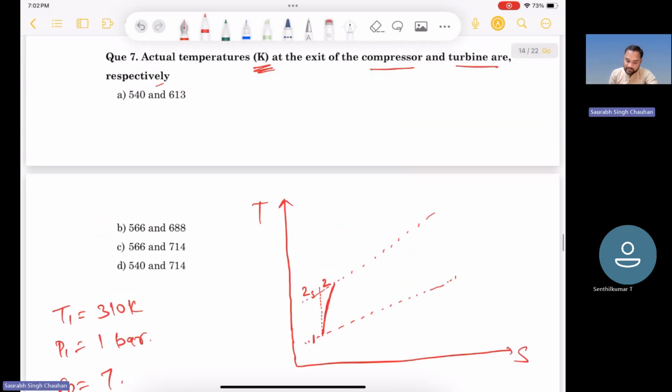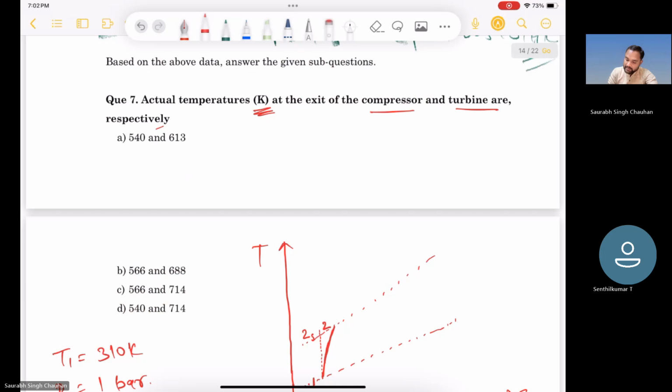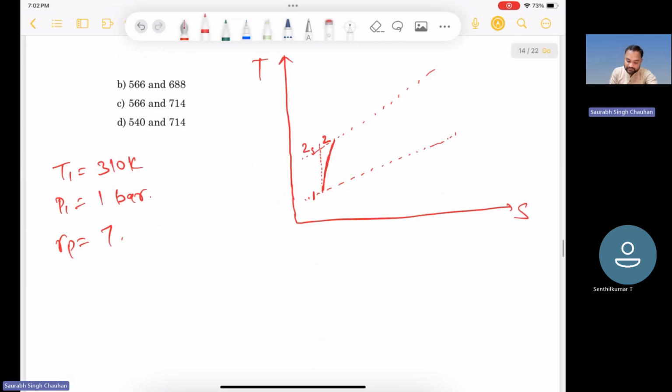And we have to tell what? At the exit of compressor and the exit of turbine. So at the exit of compressor T2, and the exit of turbine. So where is the turbine?